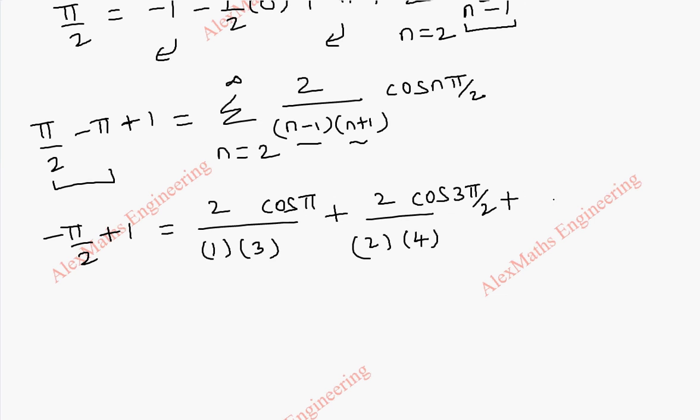In the same way, it is 2 by, I have to put 4, 4 minus 1 is 3, 4 plus 1 is 5, then cos 5 pi by 2.